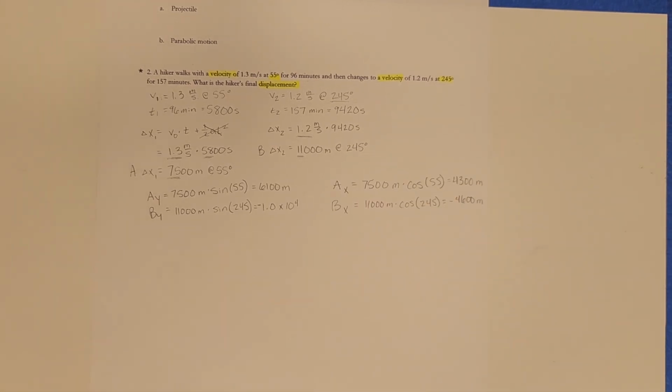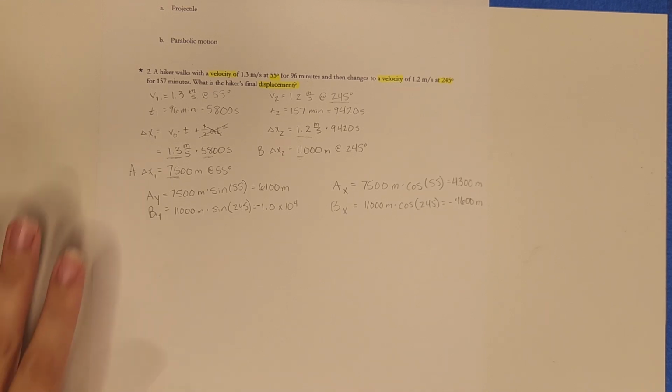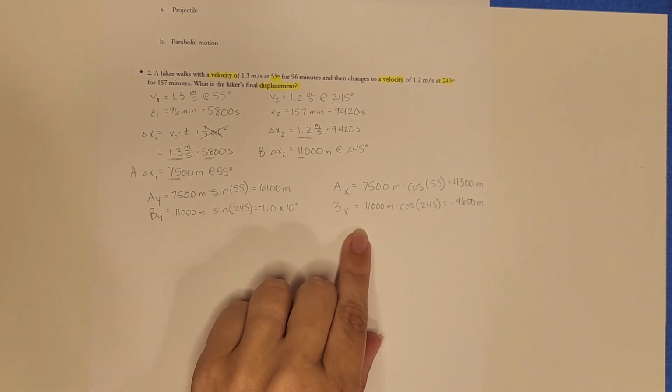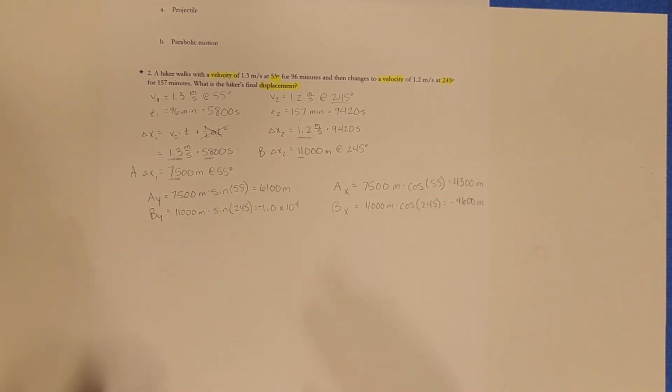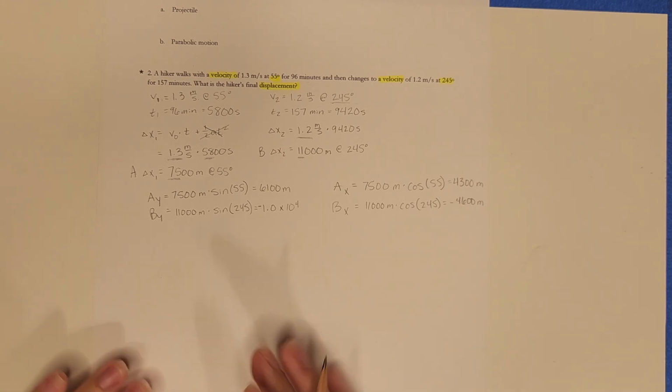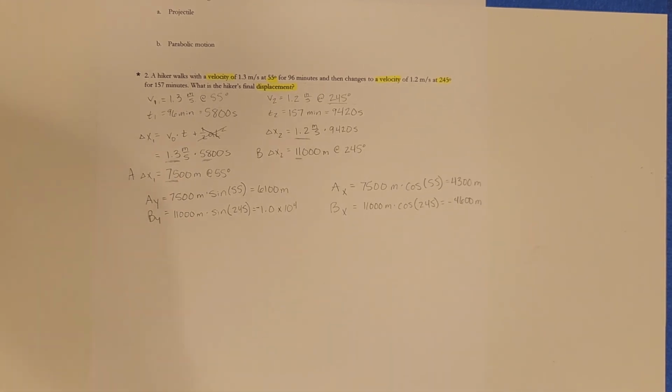Okay, so now I can determine my y values and my x values of my c, which is how I'm going to get my final displacement. The c is the final displacement.